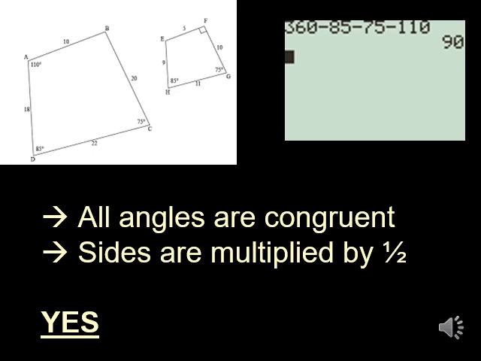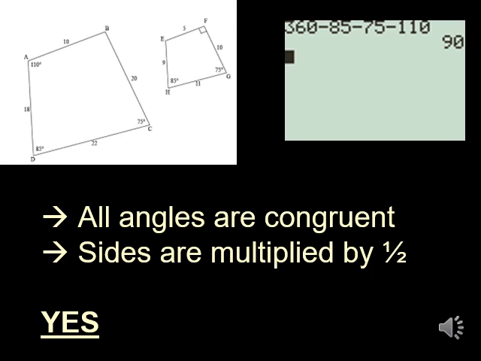So here's the first of the pictures that I had on the previous slide. The first thing I'd probably do here is look at the sides of these quadrilaterals, and it's not too hard to figure out when you have things like 10 and 5, 18 and 9, that all the pairs of sides that match up, they're half as big on the right as they are on the left.